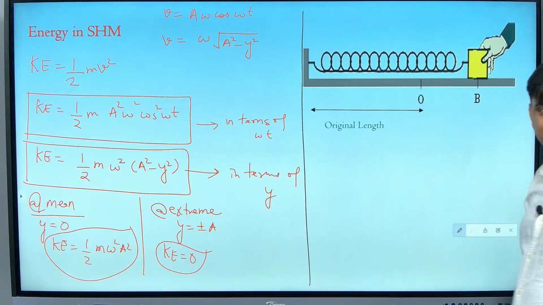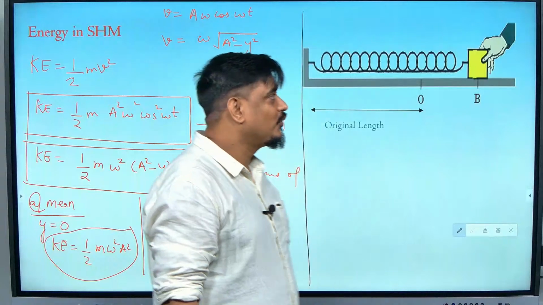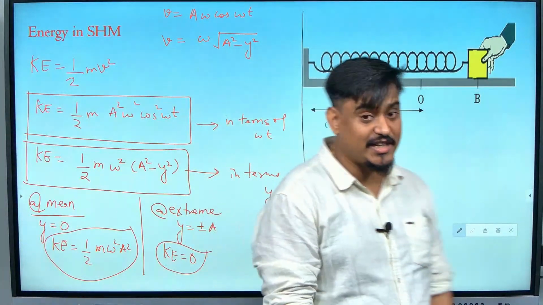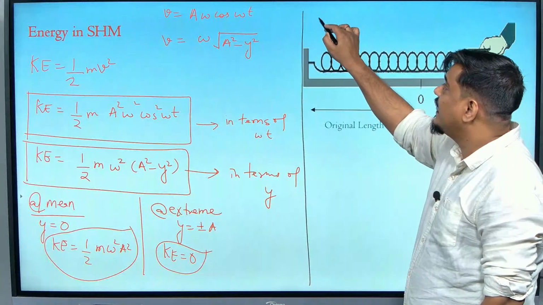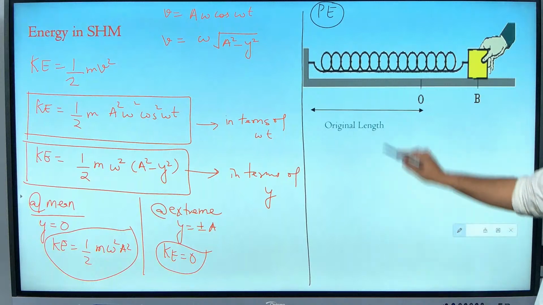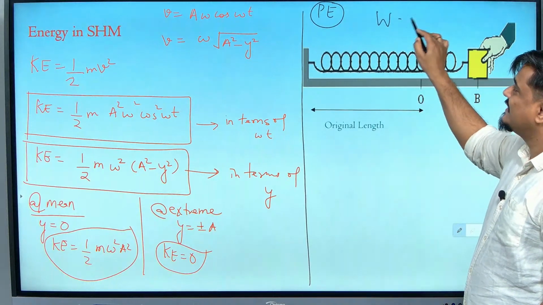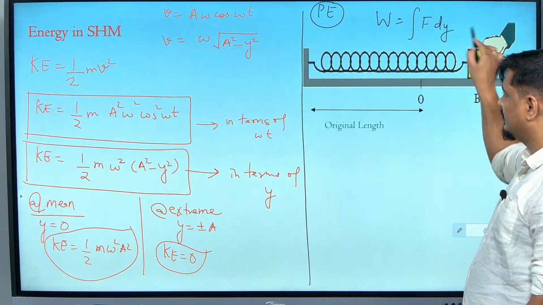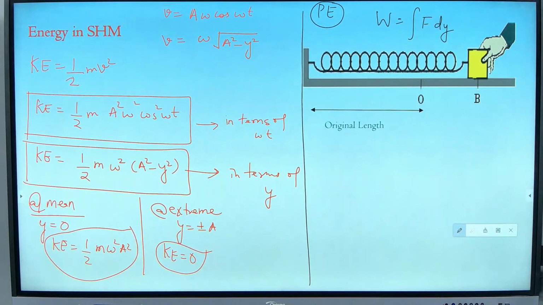Shall I? Okay. So what we will do now, we will find the potential energy with the help of work done. I hope you remember that work done is integral of f dot dx, in this case dy, because we are taking displacement in y direction.